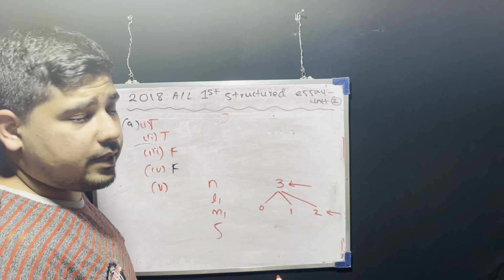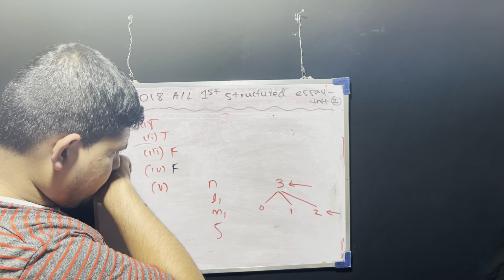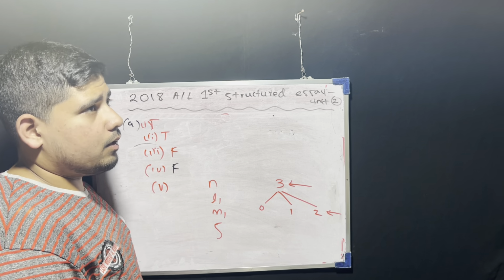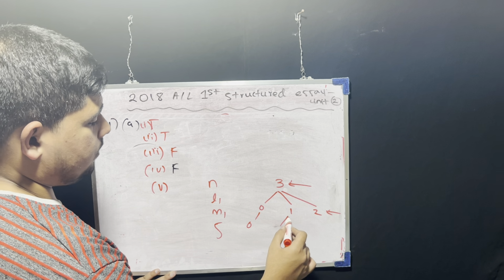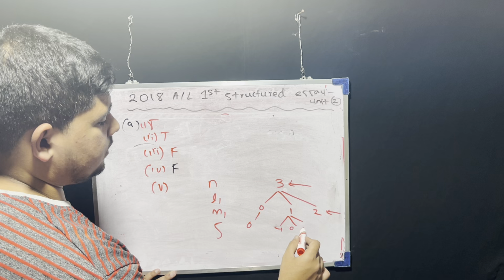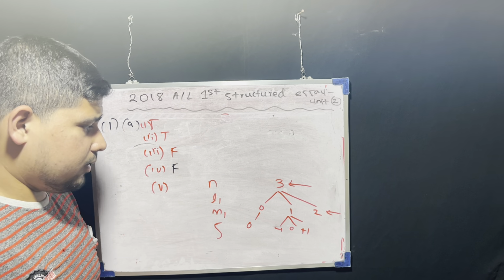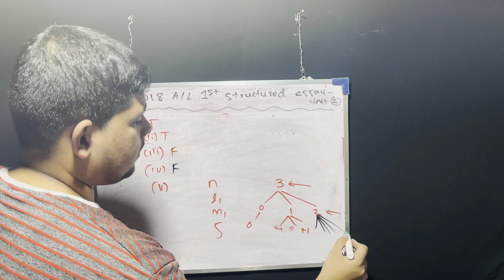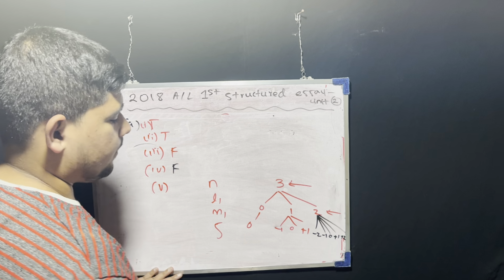The next level will be 0, then -1, 0, +1 for these orbitals, then -2, -1, 0, +1, +2.